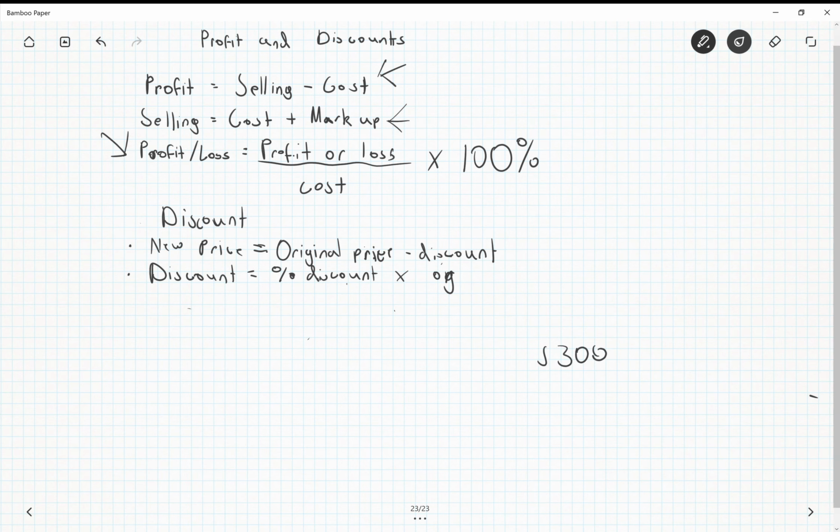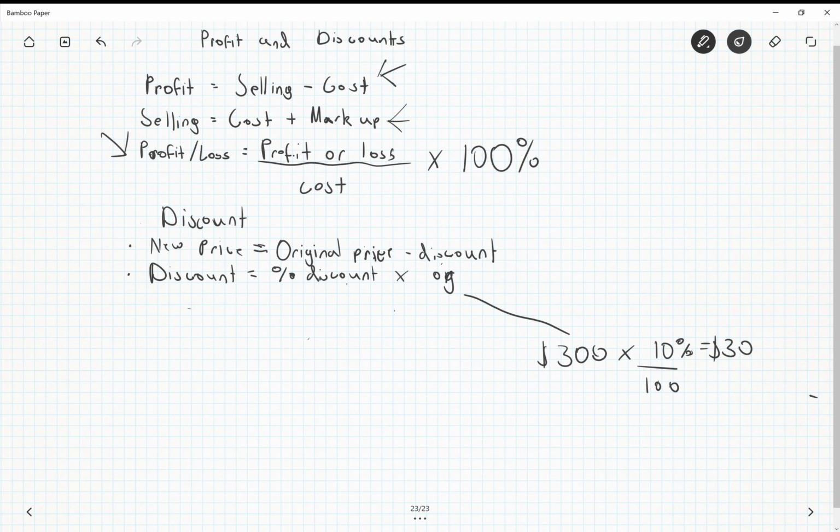Okay, $300, and that equals the original price, right? But if we want to give a 10% discount, we multiply it with 10%, and you would find that that equals $30, because 10% is initially 10 over 100, right?